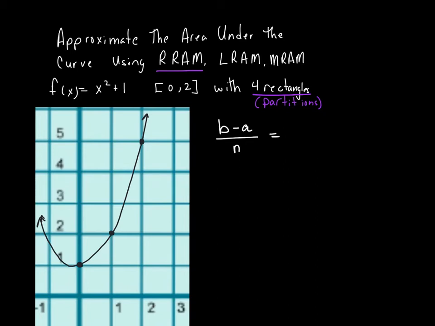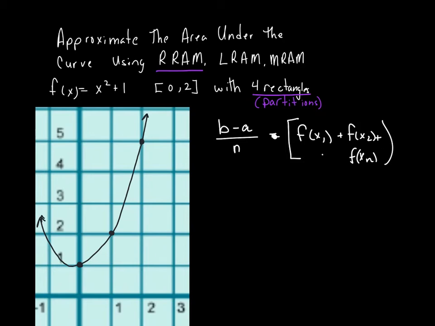And then what we will do, once I have that, is multiply that times f of x1 plus f of x2 plus f of x3, all the way up until, if I was doing this on and on, it would be f of xn, but in this case I only have 4 rectangles, so I only need 4 of them.